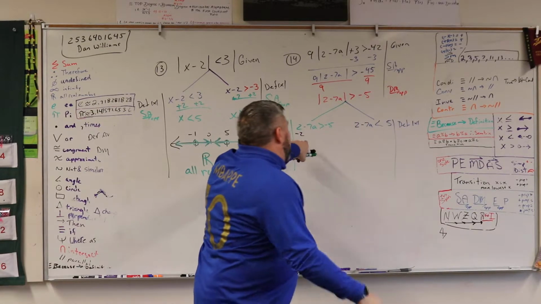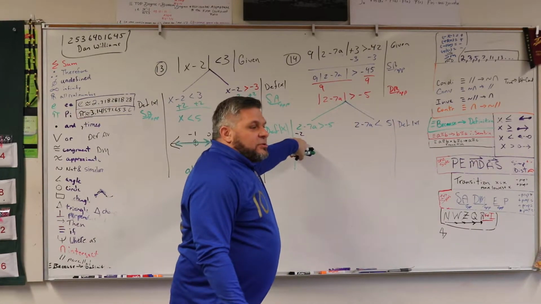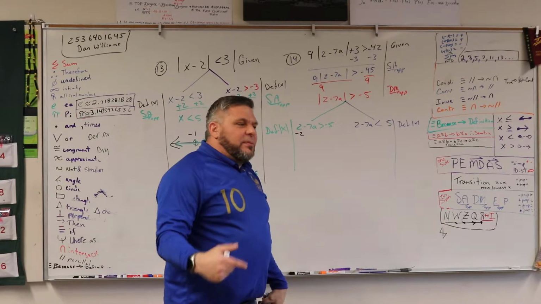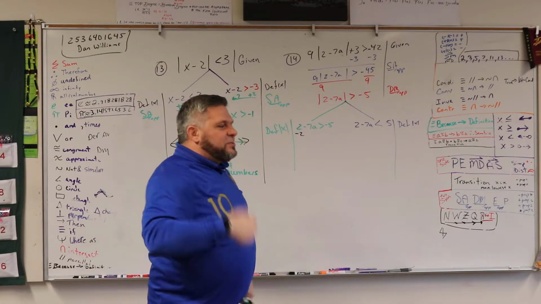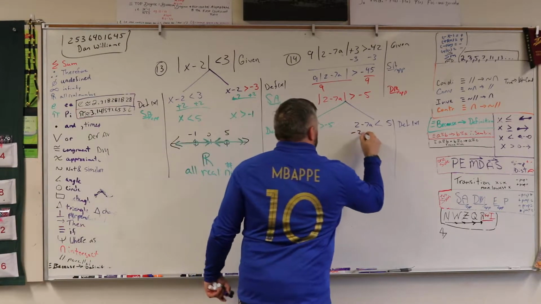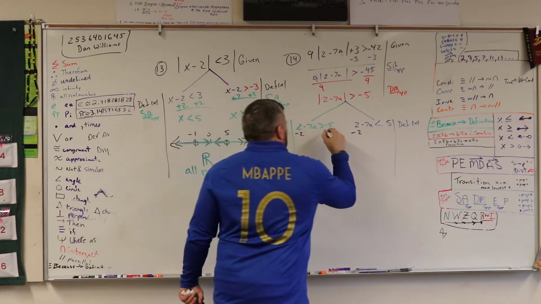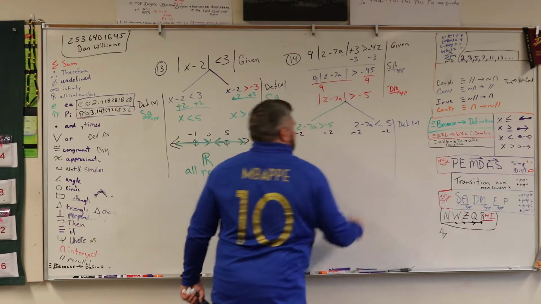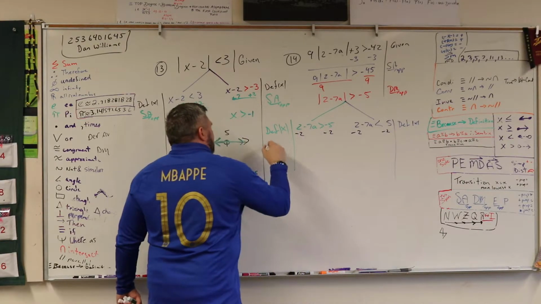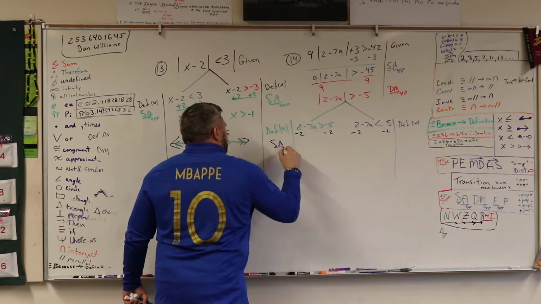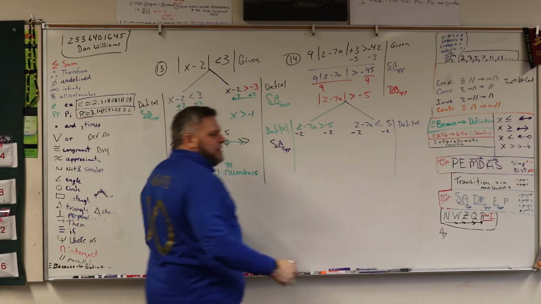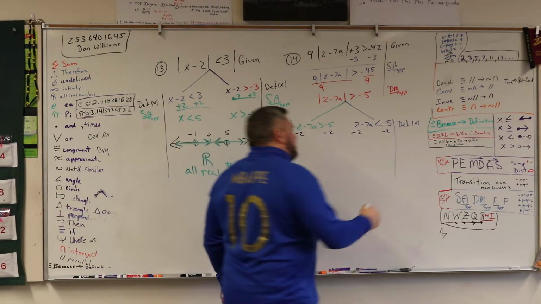You're still really adding a 2. So if you're adding 2 to the variable, you're going to do the opposite, which is subtract 2. Does that make sense, people? And if we do it to 2 sides, it's SA. SA, 2 sides, SA.